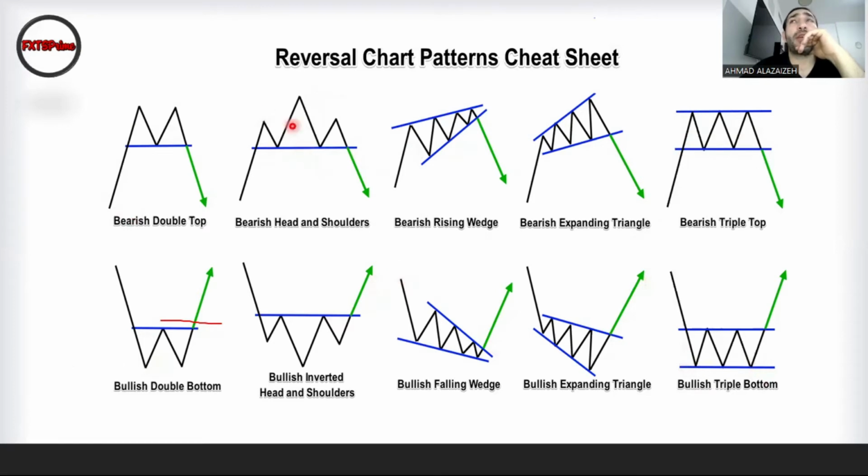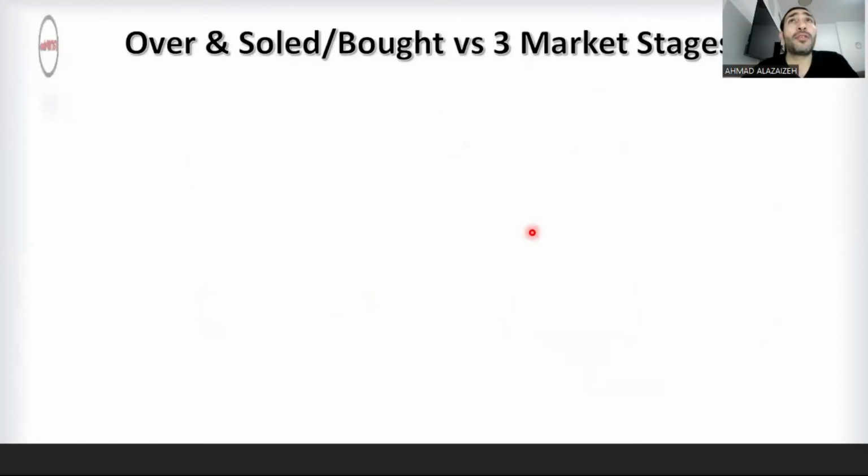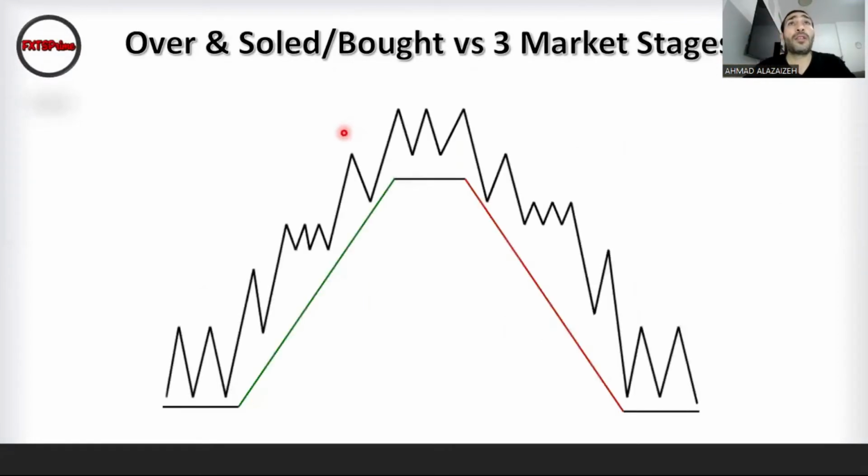Then head and shoulders, we have head and shoulders, then the triangulars. We will speak about them in detail in a moment. So oversold, overbought, was the three market stages. We have explained these before, and we have said that the market moves in three stages.